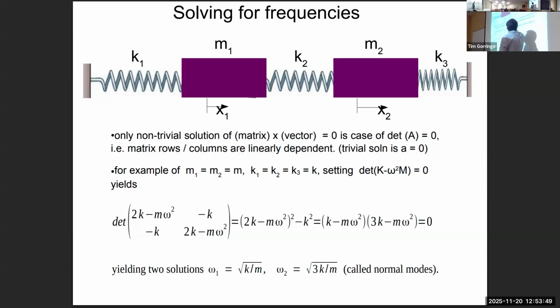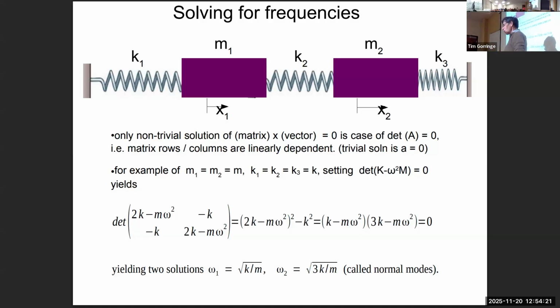So we're looking to find omega from the non-trivial solution to this equation, which can be obtained by setting the determinant of that matrix, I call it A here, to be 0.